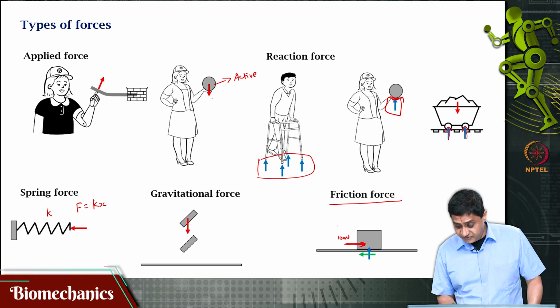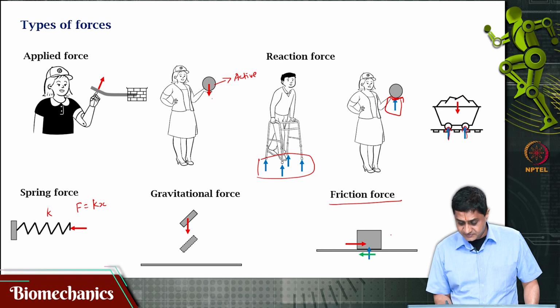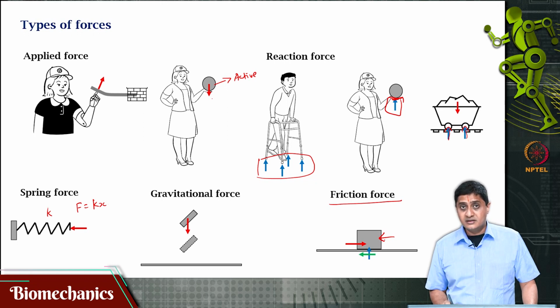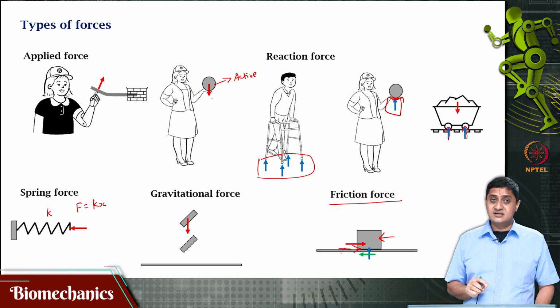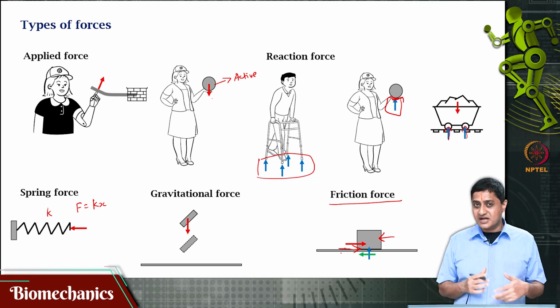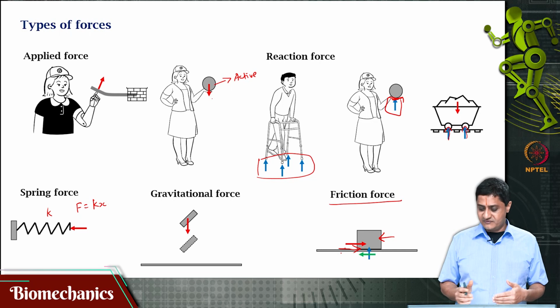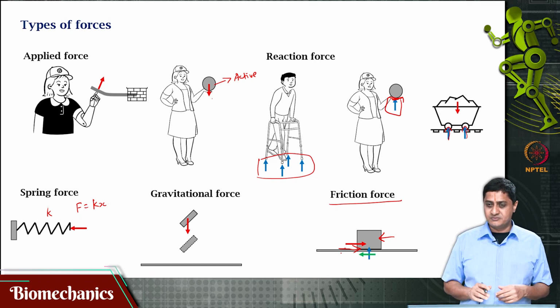That means if the applied force is not along the red arrow shown, but rather along that red arrow, then the frictional force will be along this direction. So it always acts against the direction of the applied force. It's a reaction force that is developed when these kinds of surfaces are involved, in particular when the surfaces are not considered to be smooth. Most practical surfaces are not smooth.